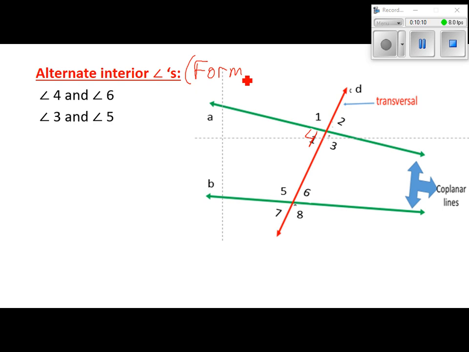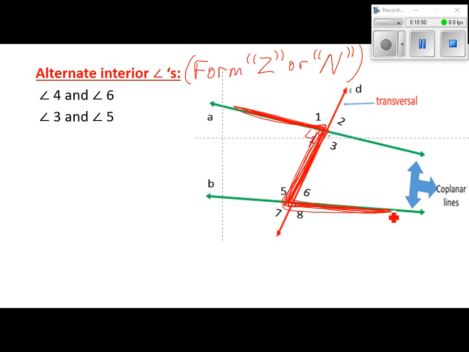If I trace angle 4, so that's angle 4, and I trace angle 6, notice they form a Z. So they form a Z, or if the picture was turned the other way, so that the parallel lines were running up and down instead of sideways, you might consider it sort of like an N. But those are alternate interior. They form a Z together, so anytime I'm making that Z, those are alternate interior angles.